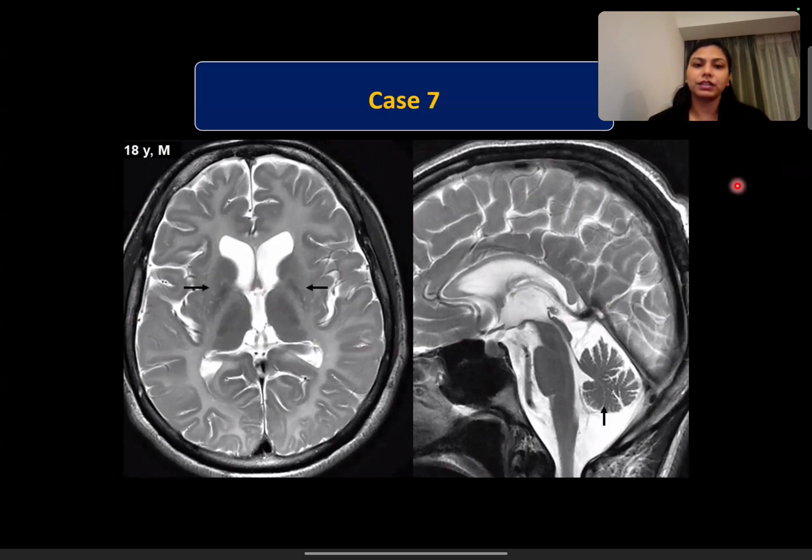Apart from this structure, there is also something here. So there is cerebellar atrophy. In addition to cerebellar atrophy, what do we see in the basal ganglia? Do you see any signal changes or any volume loss?